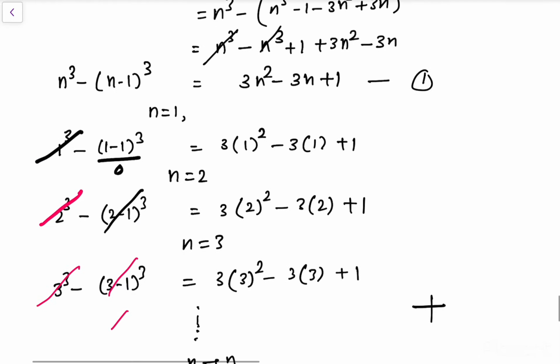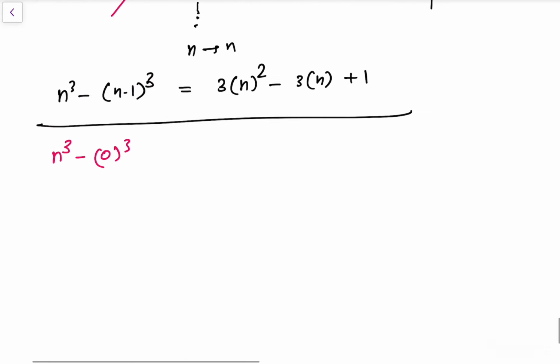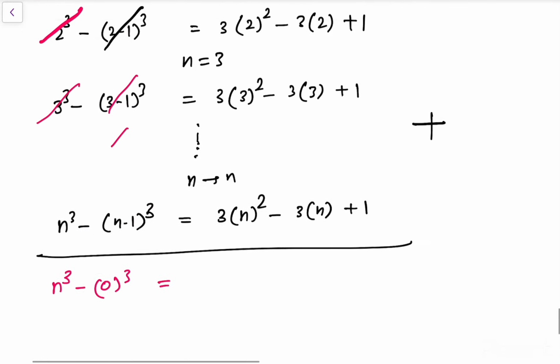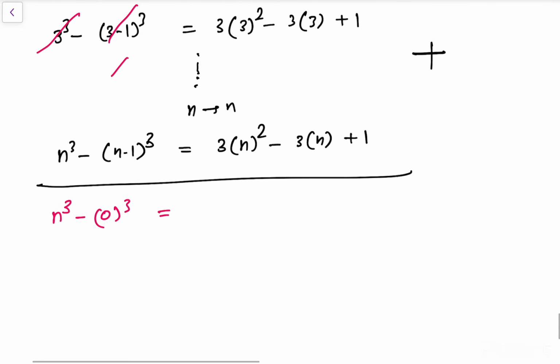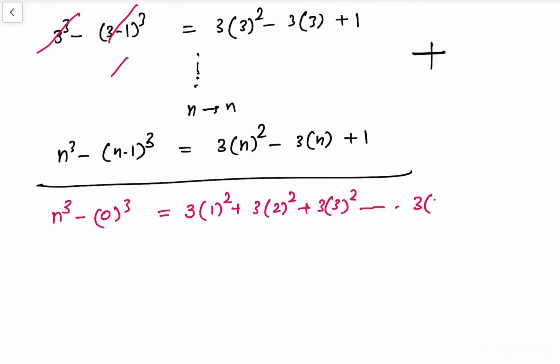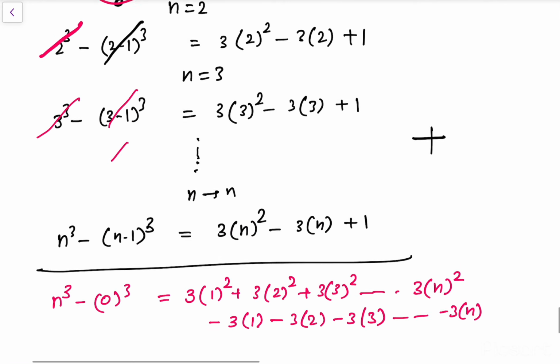On the right hand side we will get 3 times 1 square plus 3 times 2 square plus 3 times 3 square dot dot dot 3 times n square. Again we will get minus 3 times 1 minus 3 times 2 minus 3 times 3 dot dot minus 3 times n, and we get 1 n times, so it becomes n.